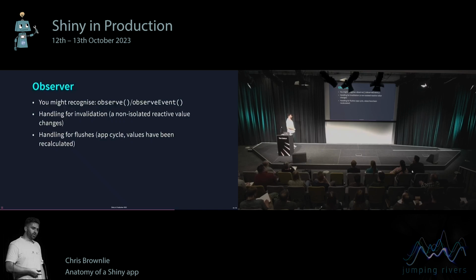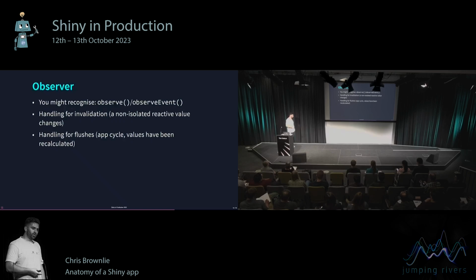The next one, again, is probably familiar to a lot of people: the observe and observe event functions. Behind the scenes, they create an object of the observer class. It's essentially a function that has a context associated with it and can be invalidated. All it means is it can be invalidated by things it depends on, and that then signals to Shiny that it needs to recalculate the value for it.